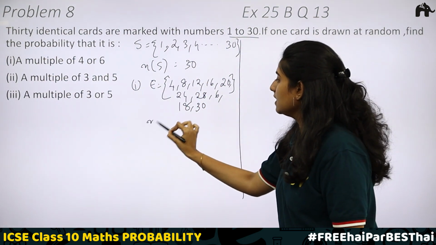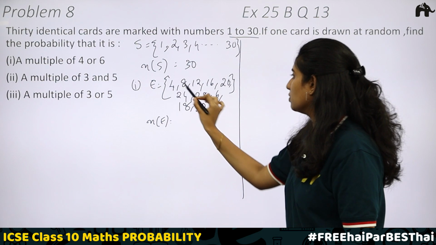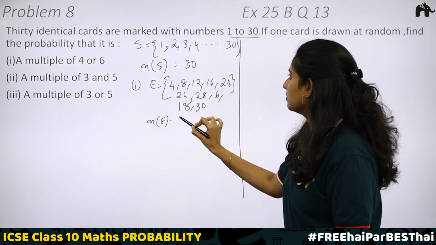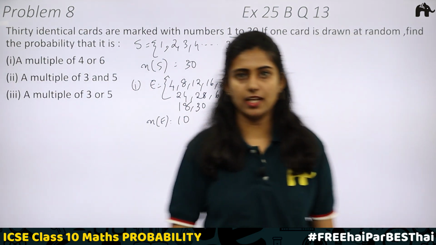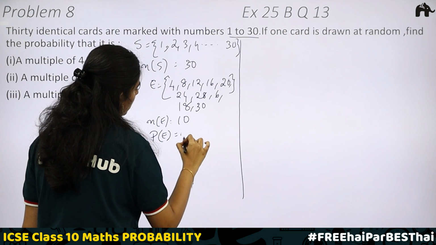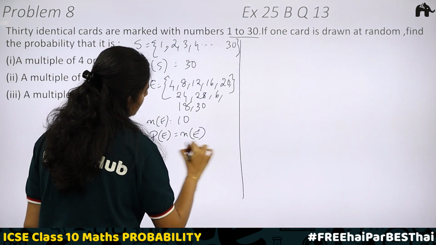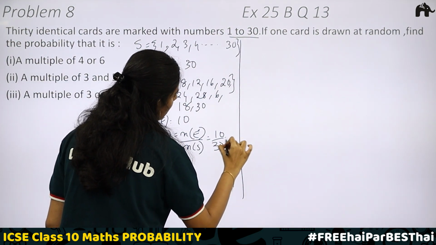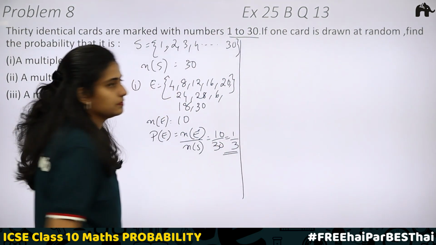What is n of e in this case? N of e is equal to counting 1, 2, 3, 4, 5, 6, 7, 8, 9, 10. N of e is equal to 10. Probability of this event will be equal to number of outcomes favorable to the event divided by total number of outcomes. 10 by 30 equal to 1 by 3.